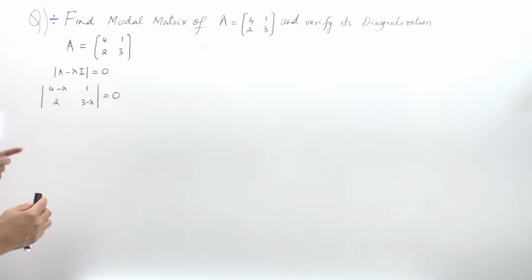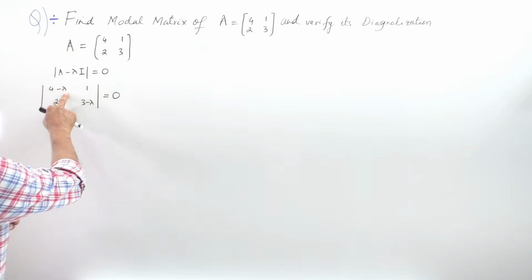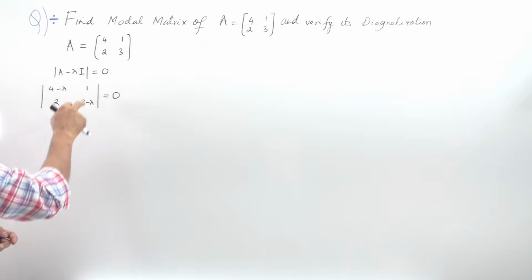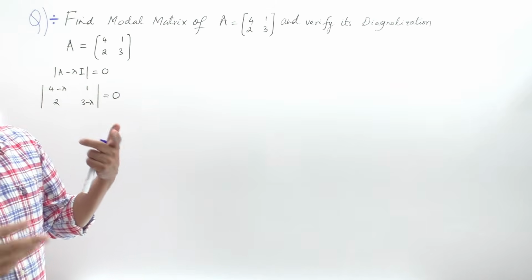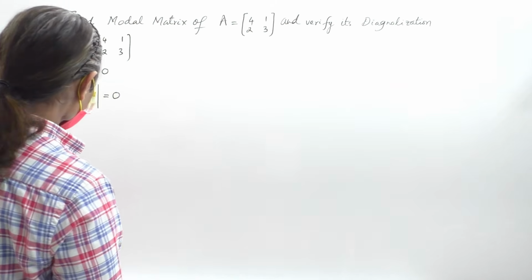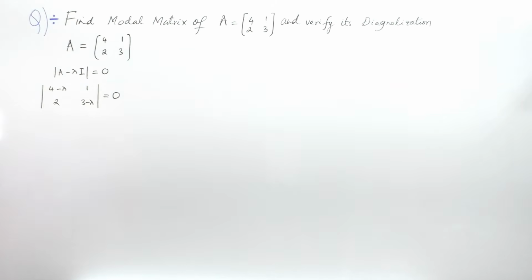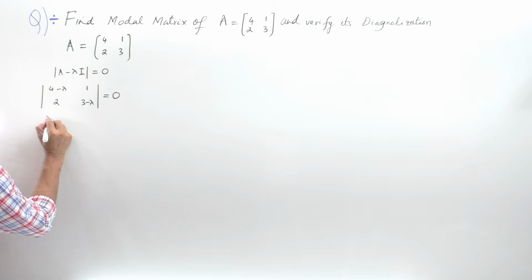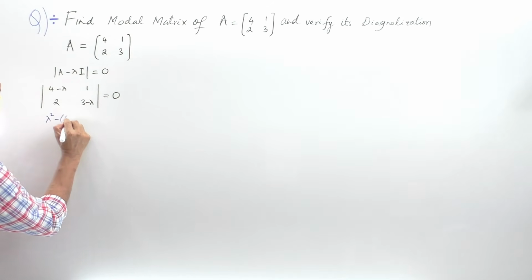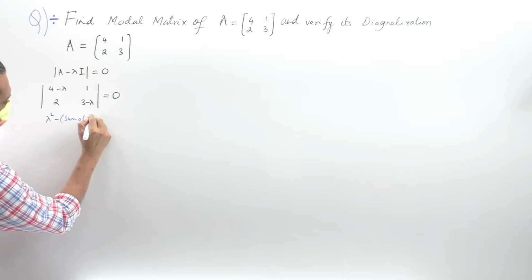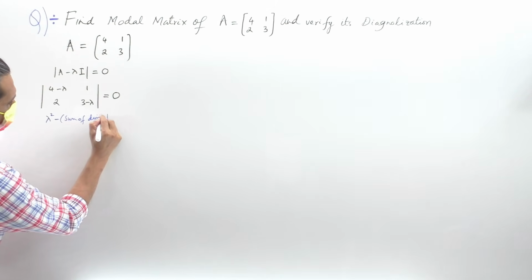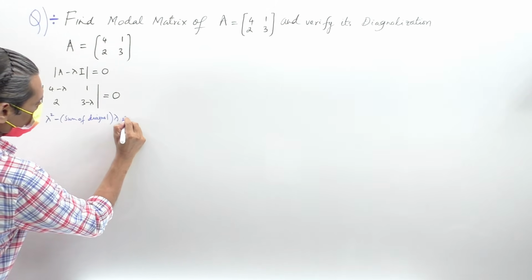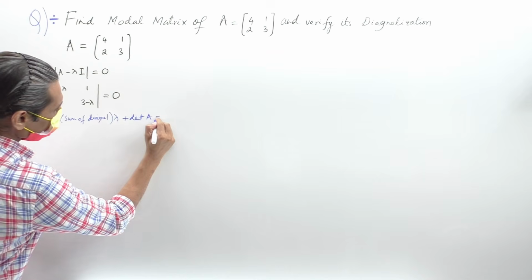One way of solving the determinant is the traditional way where you multiply 4 minus lambda into 3 minus lambda minus 2 into 1 is equal to 0 and find the values of lambda. The best method is to make use of the simple relation here. Since it is a 2x2 matrix, lambda square minus sum of diagonals. This is faster.